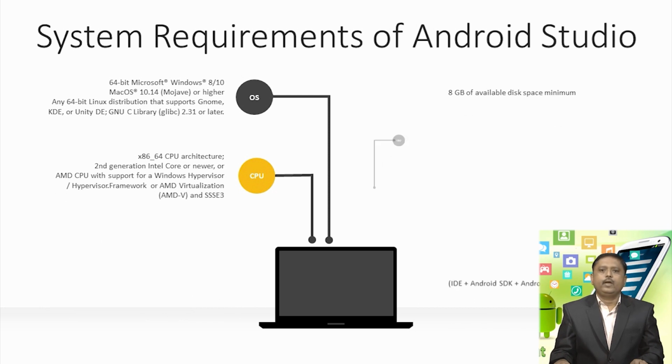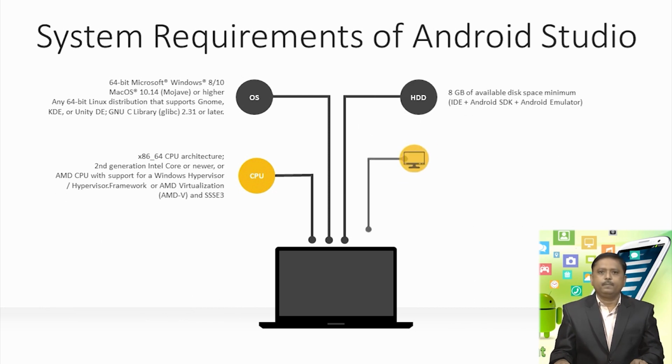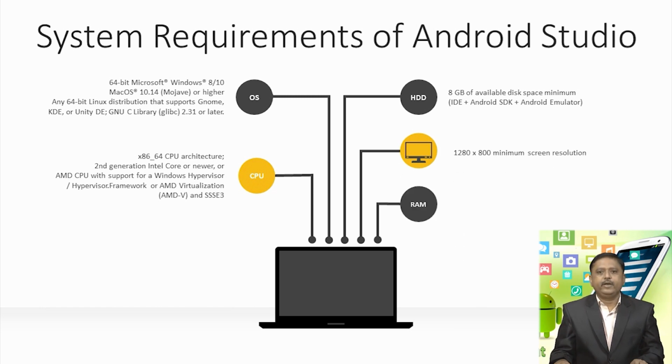You should have 8 GB RAM or more and 8 GB of available disk space. This space is minimum requirement for IDE and Android SDK and Android emulator. Your screen resolution must be minimum 1280 by 800 pixel resolution.